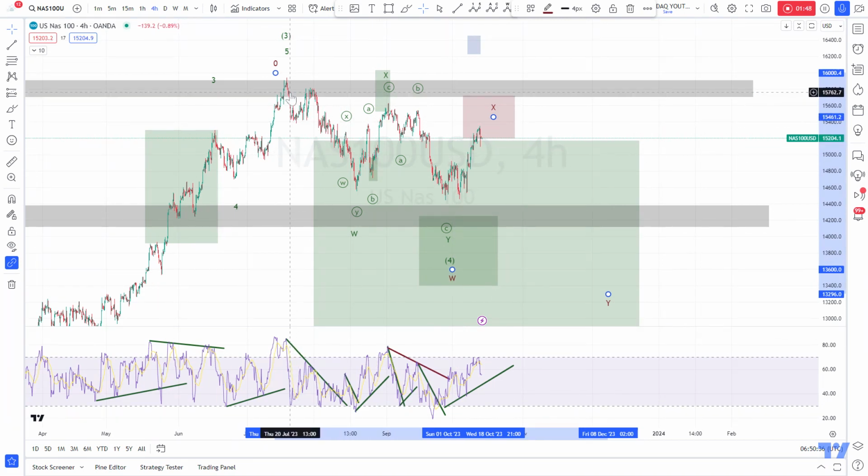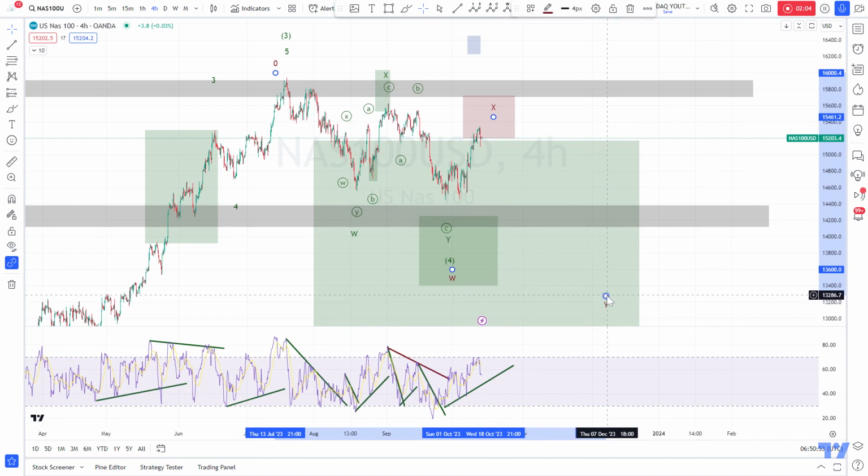And then, what we have so far, then here the wave W would only be the first corrective leg.